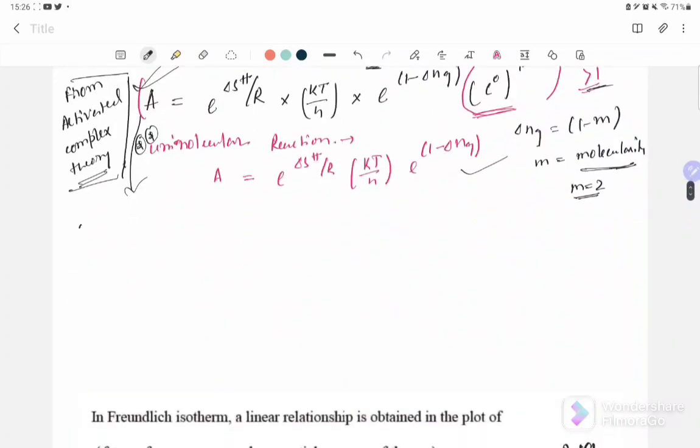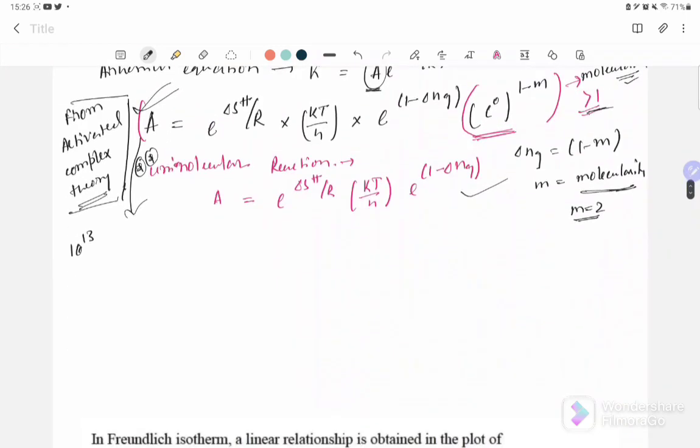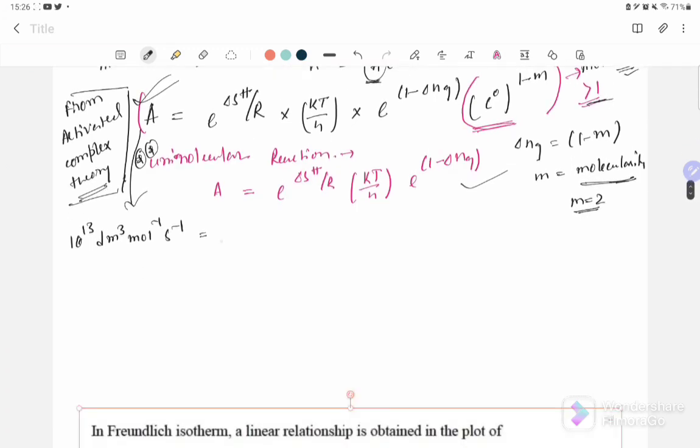10 to the power 13 dm cube mole inverse second inverse, into e to the power del S by R, R is 8.314, into kT by h.